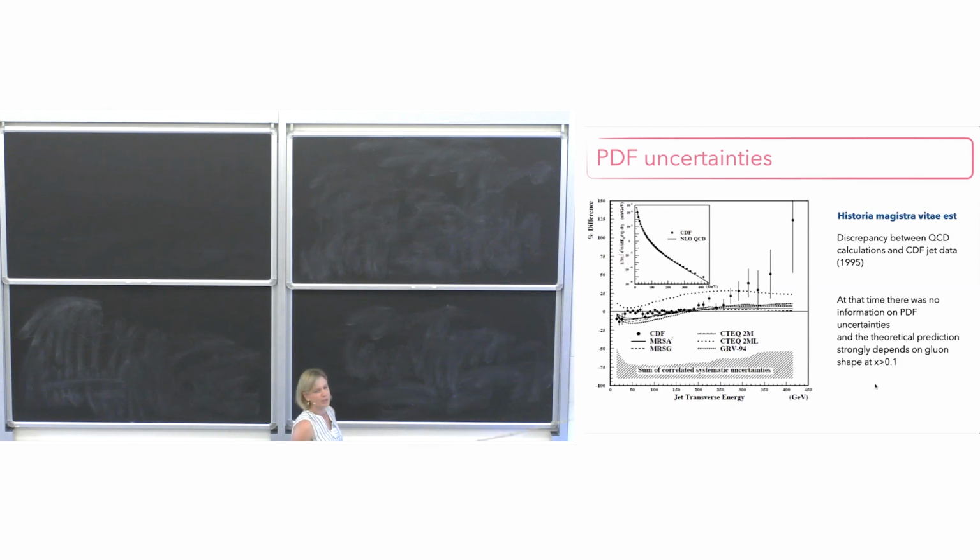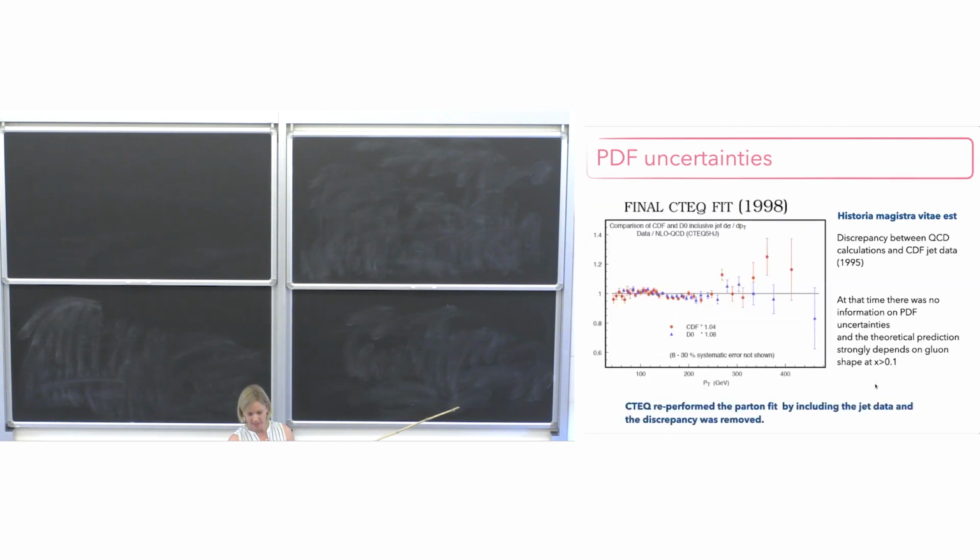And there were a lot of papers about contact interactions, some kind of new physics explanation of this difference that was observed. But at the time, there was basically no information on the PDF uncertainty, so all these lines didn't have an uncertainty related. And also there was basically no knowledge of the gluon at x larger than 0.1, okay? So a gluon that carries more than 10% of the fraction of the proton.